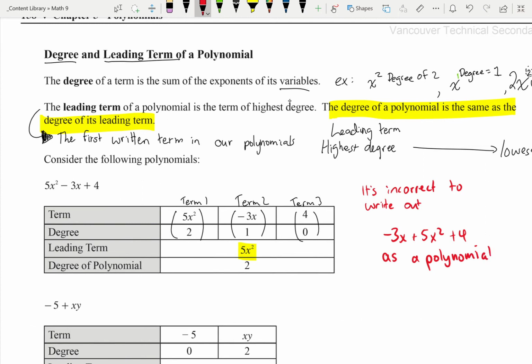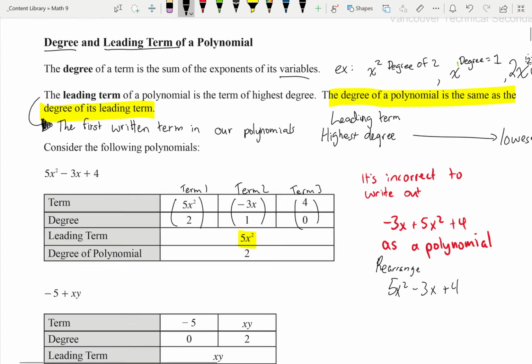Even though it says the same thing, it is not written in the proper way, so it makes it much harder to work with. So we have to, at this point, rearrange. So I would want to put the 5x squared first, minus 3x plus 4. And we're going to be rearranging stuff like this.